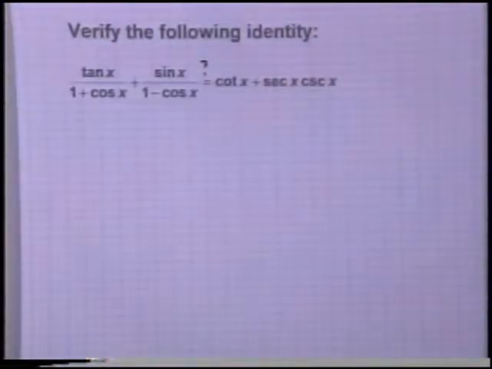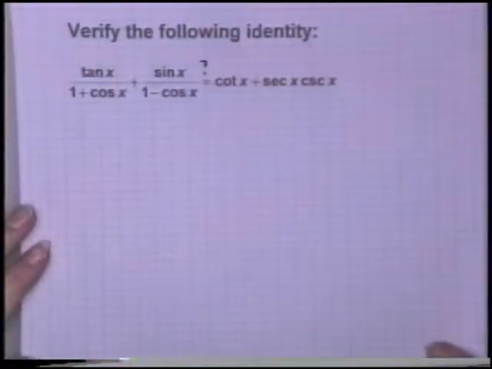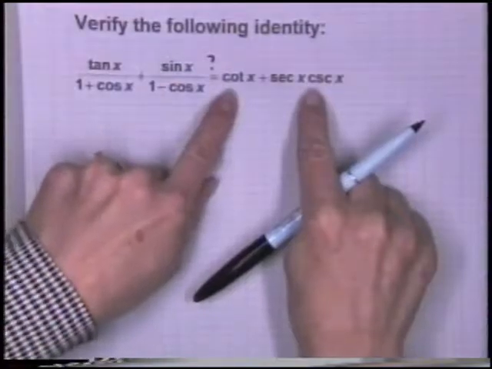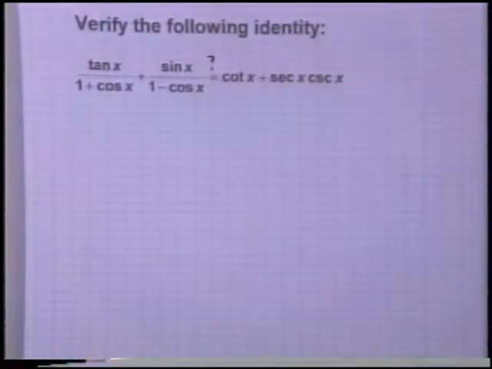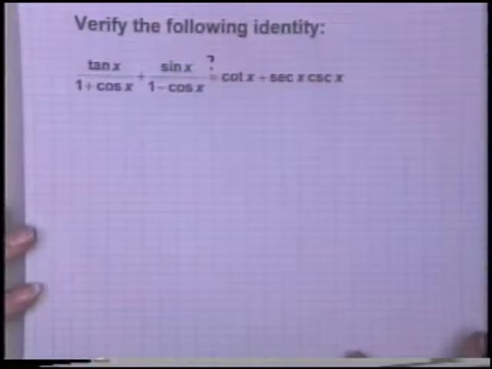Now, what could we perhaps do here? Perhaps on the left-hand side, I see that I could perhaps get a common denominator and combine these two. On the right-hand side, looking at here, I could perhaps change to sines and cosines and do something with that, couldn't I? So let's see what we might want to do.